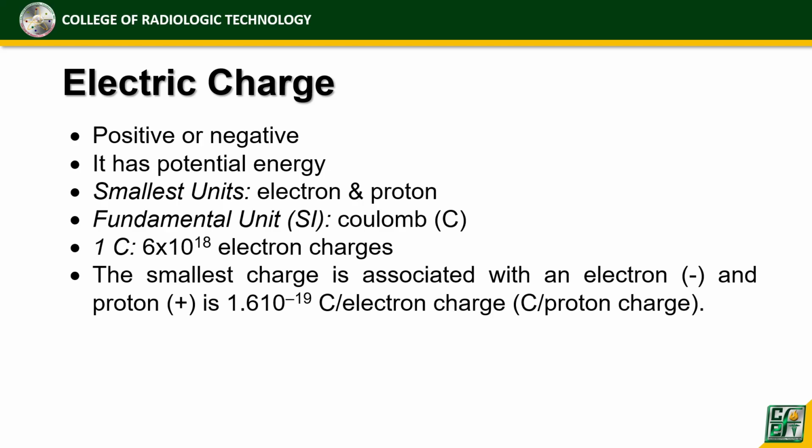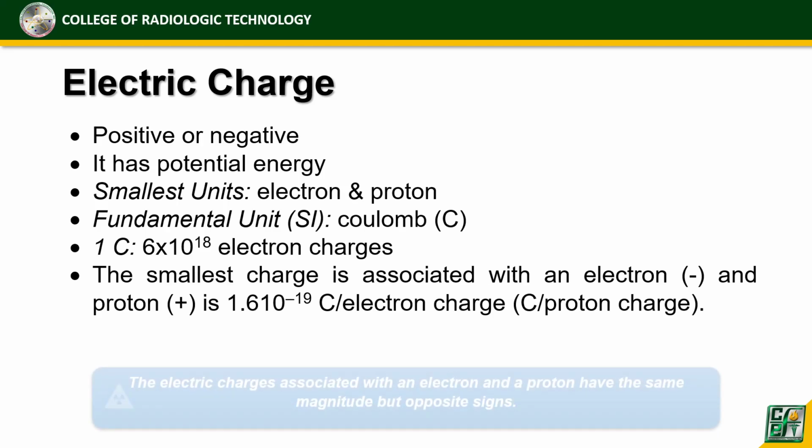Kapag yan ay negative, so negative 19. Kapag siya ay positive, positive 19. Okay? So 1.6 times 10 to the negative 19 coulomb per electron charge or coulomb per proton charge.